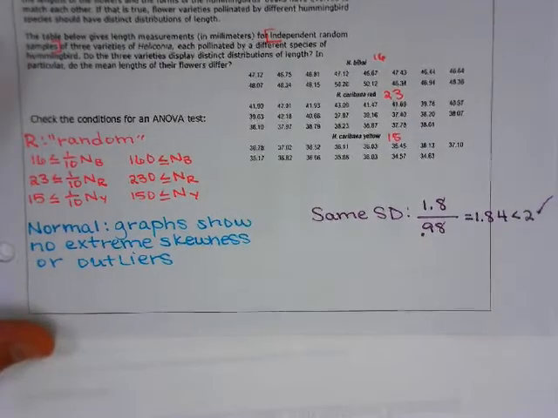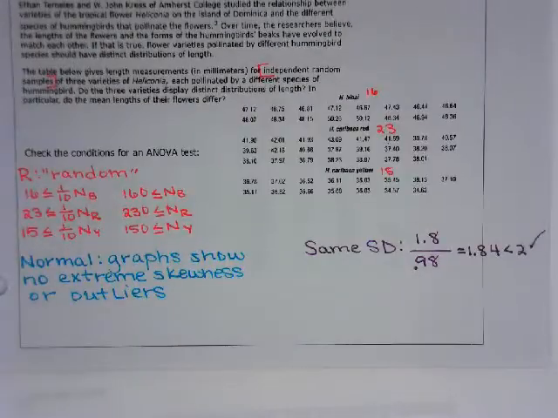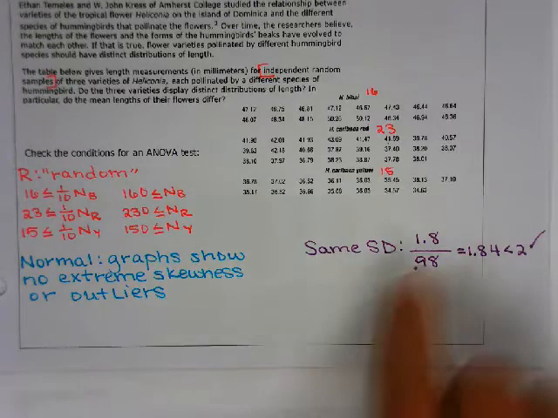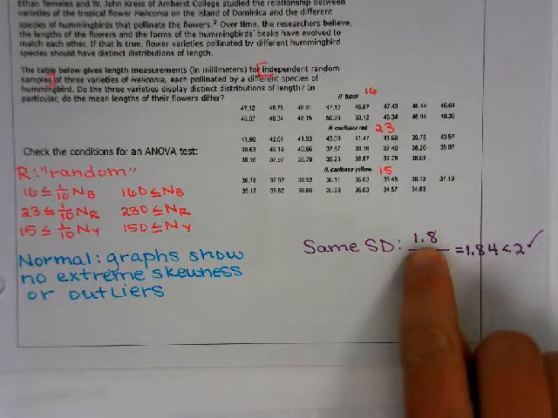Questions? Can I flip? Wait. The 2 is from the, you can't have it, it can't be more than 2, so she's like, yeah, it has to be less than 2 or 2. I took the largest standard deviation divided by the smallest, and I got 1.84, which is less than 2.